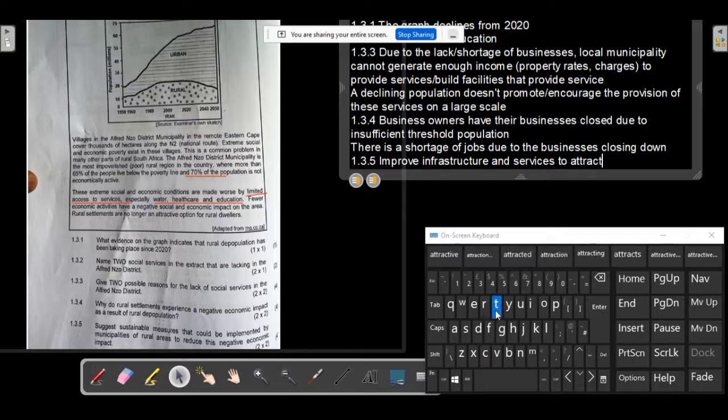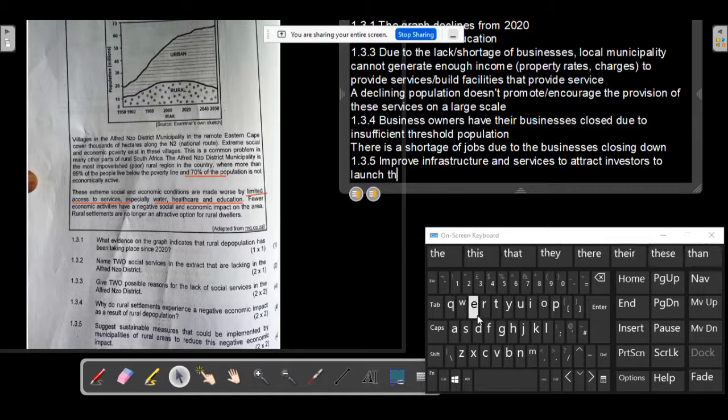Who wants to have a business in a rural area that does not have good infrastructure or any services? How can you operate there, guys? It's quite difficult. So this is the way to attract investors, people who are going to put in money to launch their businesses there. That's the first point.